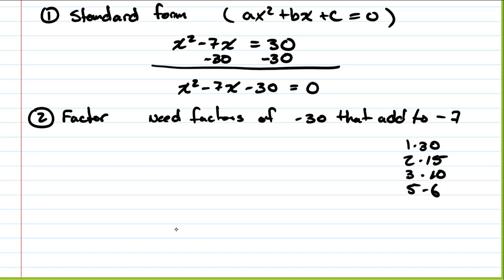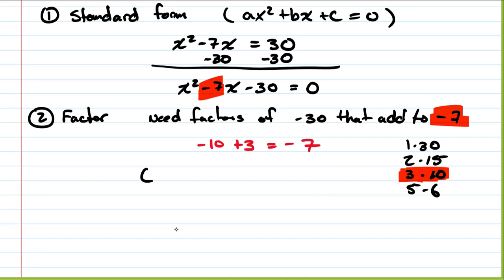But since the product is negative, one of our factors has to be negative. In our case, negative 10 plus 3 is equal to negative 7, which is exactly what we wanted, which is this coefficient. So that's our P and our Q, so this factors into x minus 10 times x plus 3, which is equal to 0.